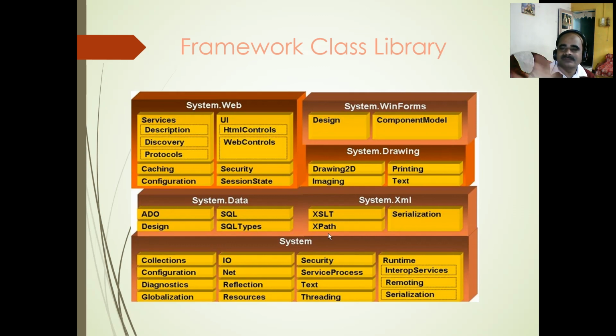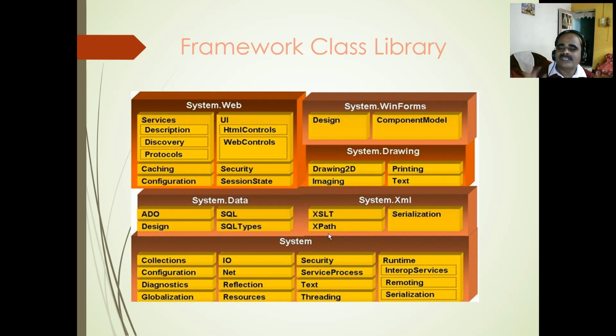So this is just a framework of the class library. It contains system.web, system.winform, system.xml, system.data and system. So there are lists of classes, each in its own module. When we develop a Windows form, when we develop a web form, when we use ADO.NET is the best example for us.